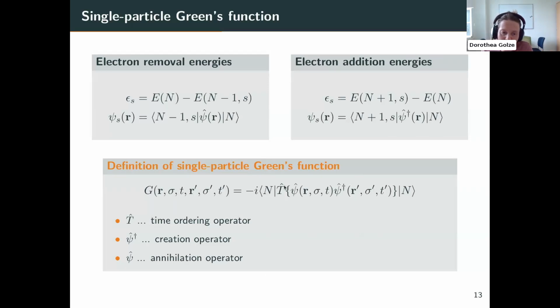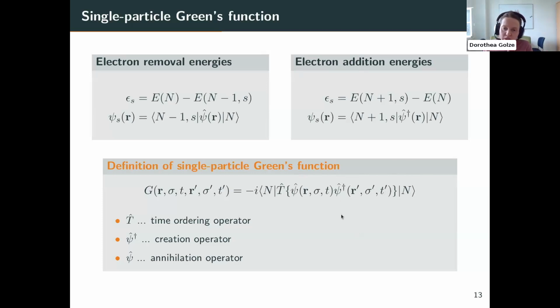We have here the time-ordering operator, and what it does is that it simply puts the earlier time to the left. So if t prime is earlier than t, this operator will go first and act first on the ground state. So what is this doing? We have here the creation operator, so basically it creates an additional electron. That's the inverse photoemission process.